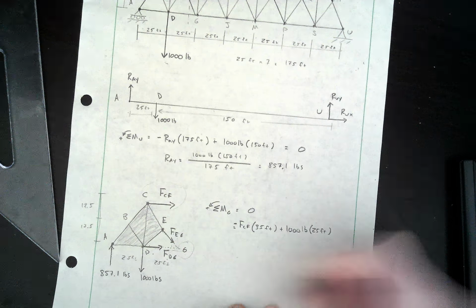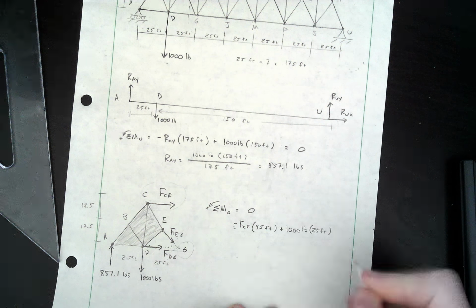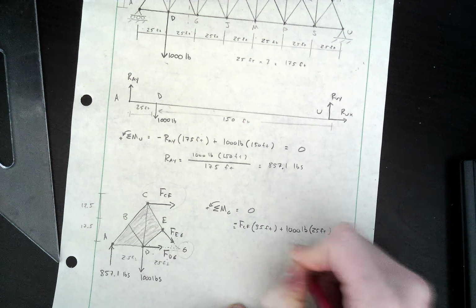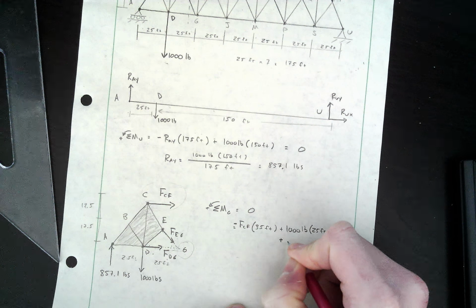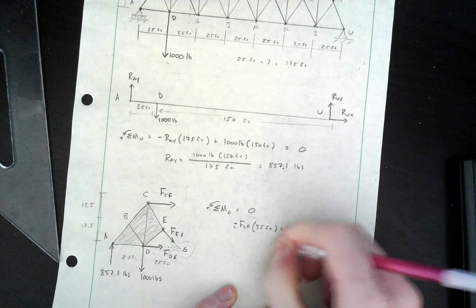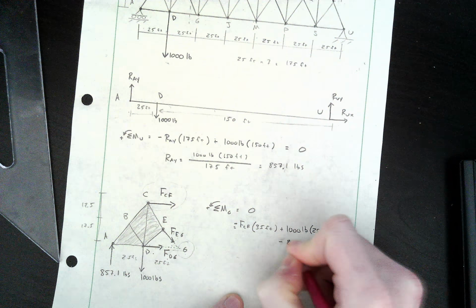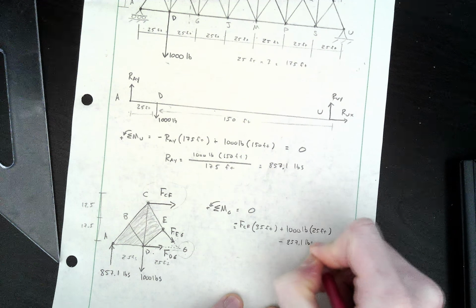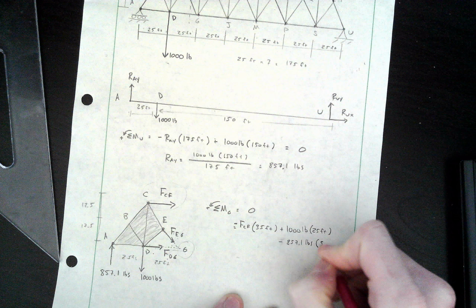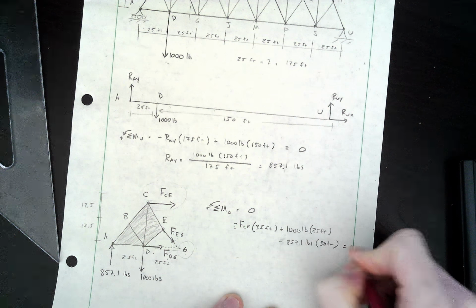And then we're going to have a moment caused by the reaction, and I'm just going to draw it right here, plus, and actually this is going to be minus because this reaction is causing a clockwise moment about G, 857.1 pounds times 50 feet equals 0.